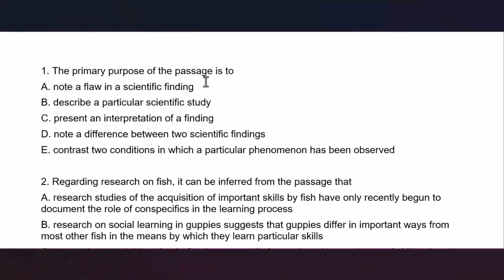No, the passage does not mention a flaw in a scientific study, but the passage says that we need a particular study, a specific study, and that study is to study the social learning of fish within its developmental environment. So there is no flaw in a scientific finding, and the passage does not discuss any flaw. So this option is rejected.